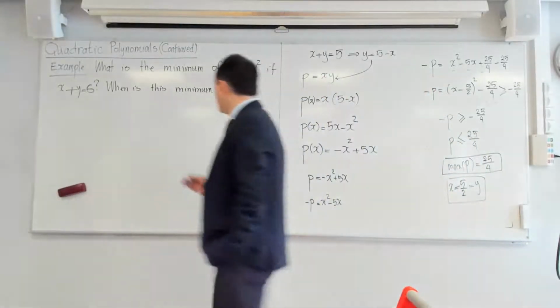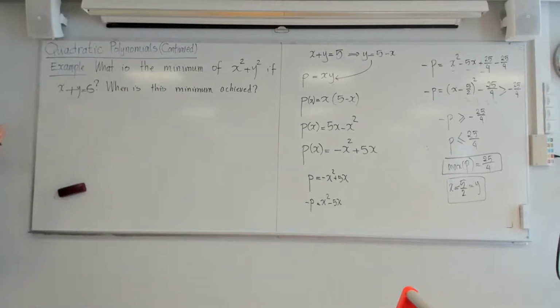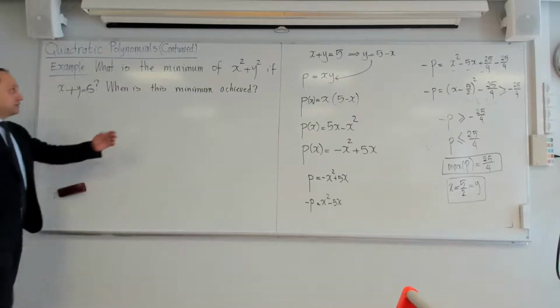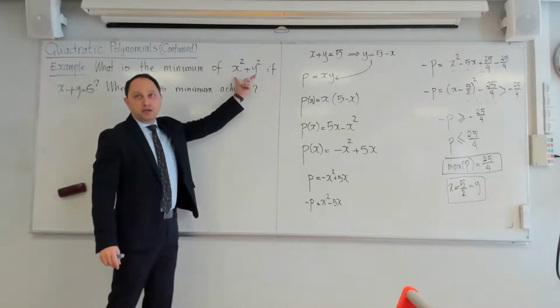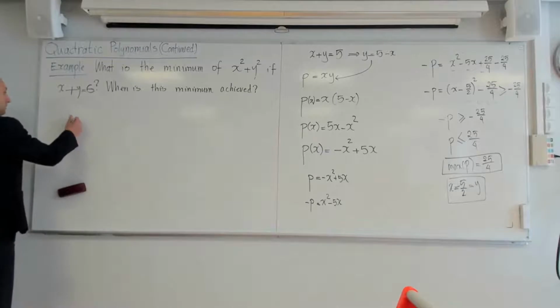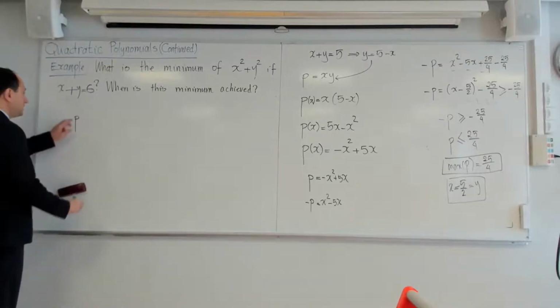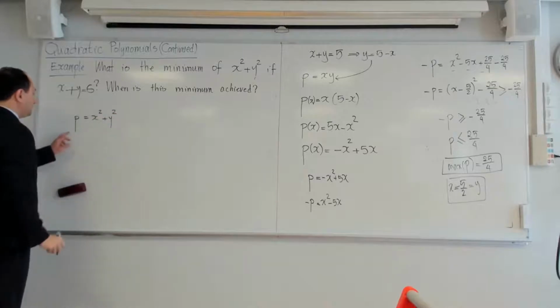Exactly. Why? Because in these maximizing, minimizing functions, by reading the text, you need to find the target function. What is my target function? My target is to minimize this quantity. Okay? So let me give it a name, P. So we say that P is equal to x squared plus y squared.